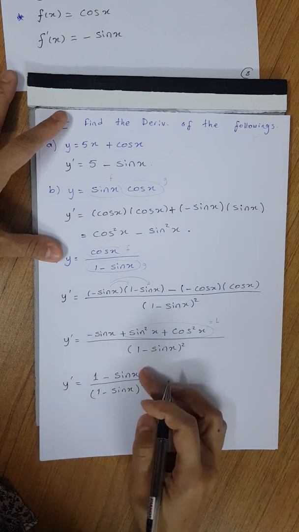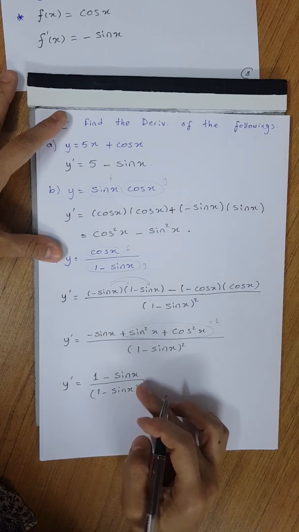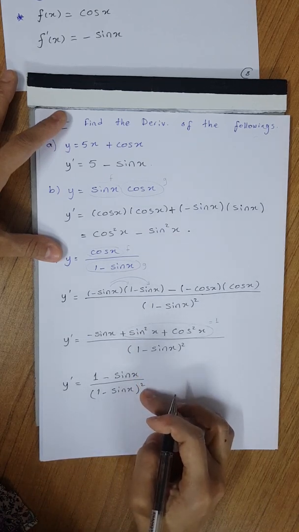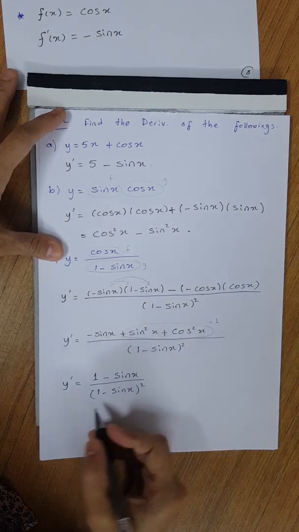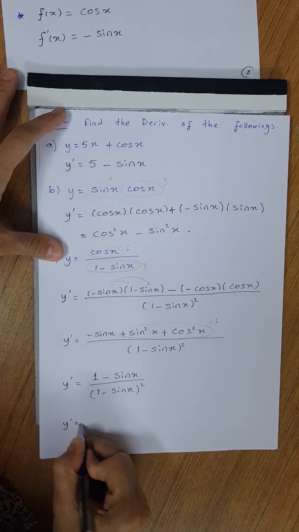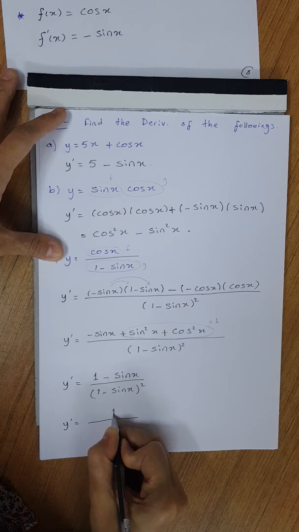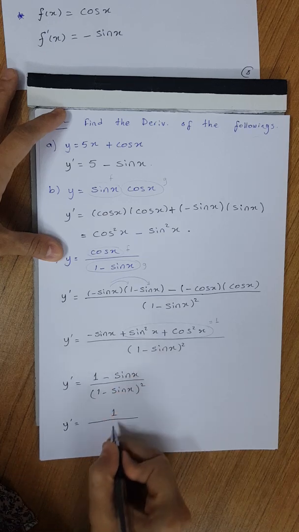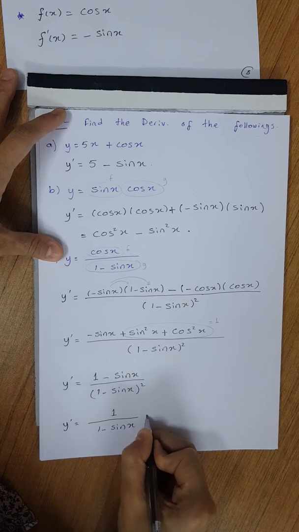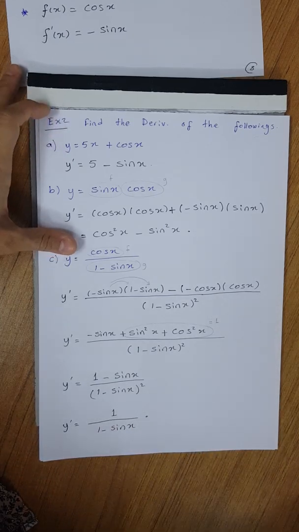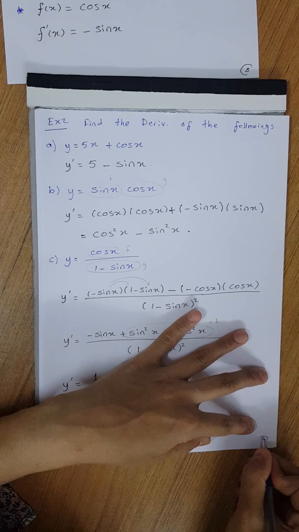Here I have got 1 minus sine x, 1 minus sine x, the power of this one is 1, the power of this one is 2, so they cancel each other. So y prime is equal to what? Is equal to 1 over, this one cancels with the numerator, 1 minus sine of x remains, and that will be the result. Page 9.